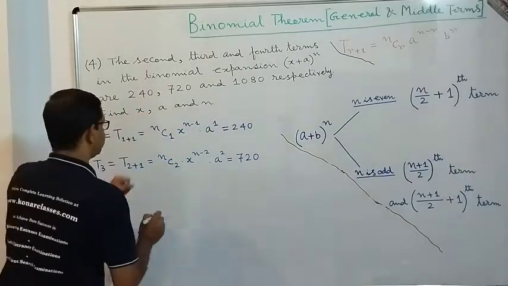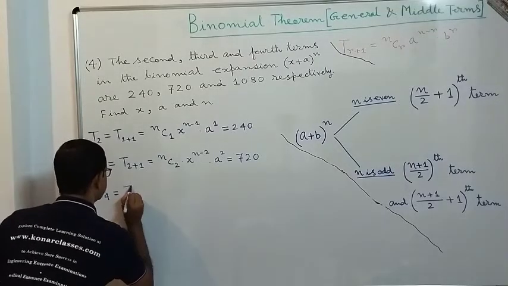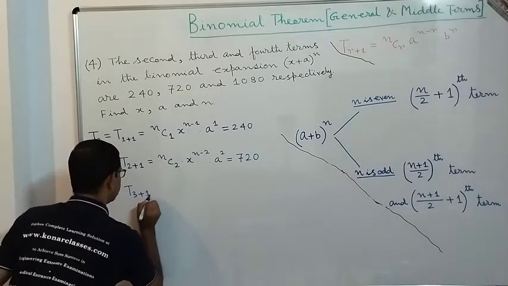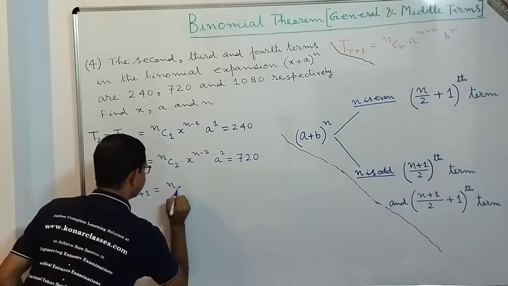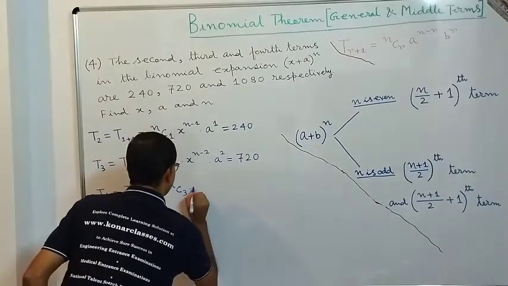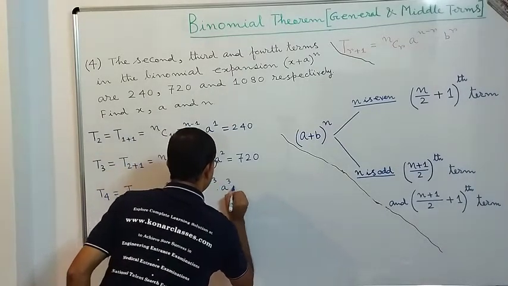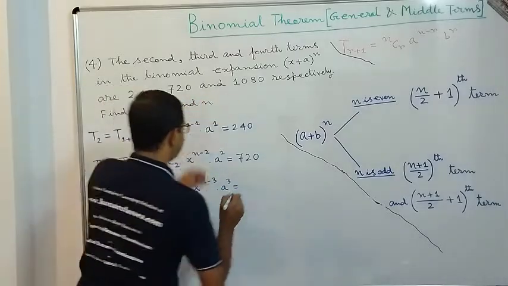Now the fourth term, that is t4. t4 is equal to t3 plus 1, that is equal to nc3, same formula, into x power n minus 3 into a power 3, that is equal to 1080.